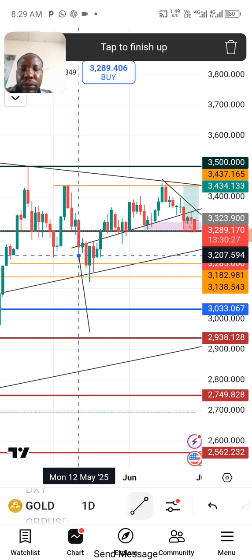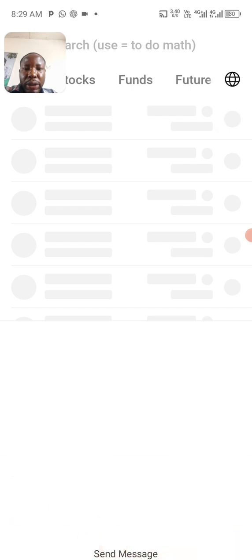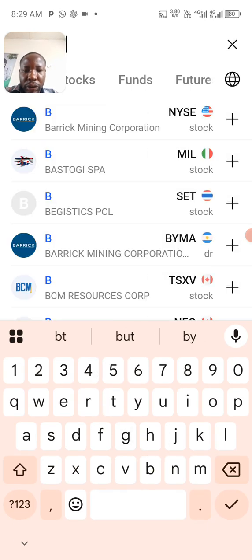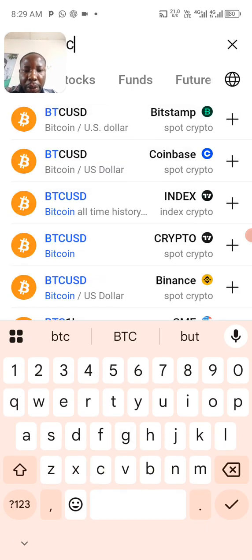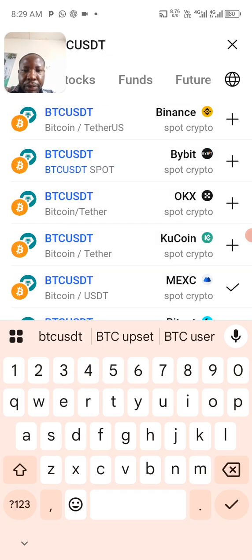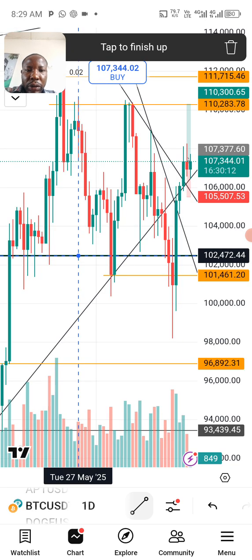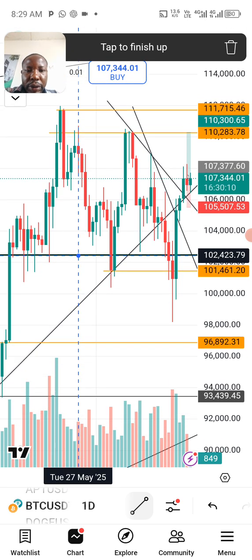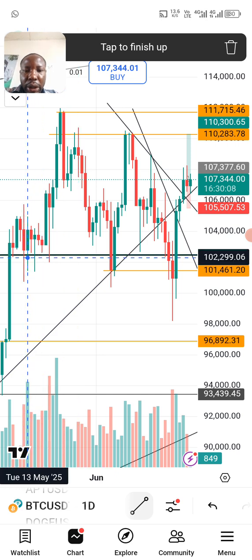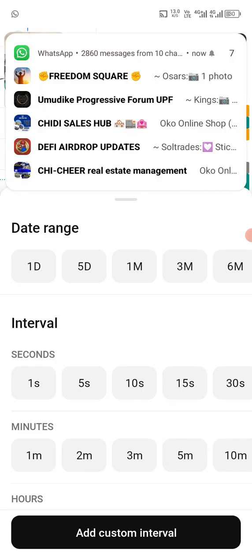Now let's go to the crypto side, BTC, so that you see why some people are being stopped out right now on BTC. This is BTC. So now I'm on BTC, right? I'm currently on a trade. Now look at the monthly. Let's go to the monthly chart.